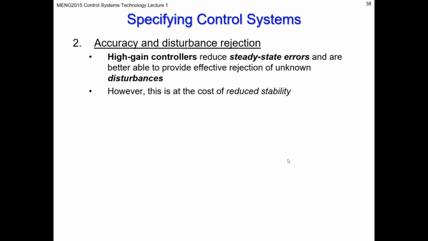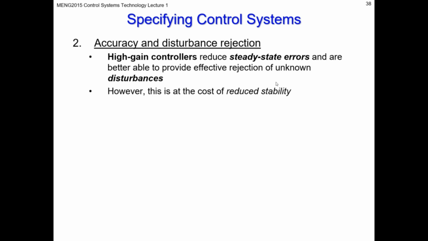Then the other aspect of specifying our control systems: first of all, we want to use our feedback controller to get a good transient response, but we also want to use it to give us a good steady state error response, or good accuracy and good disturbance rejection. High gain controllers reduce steady state errors.